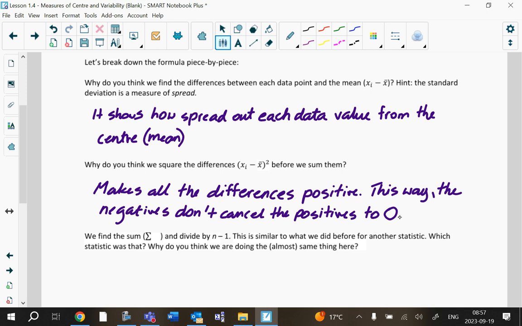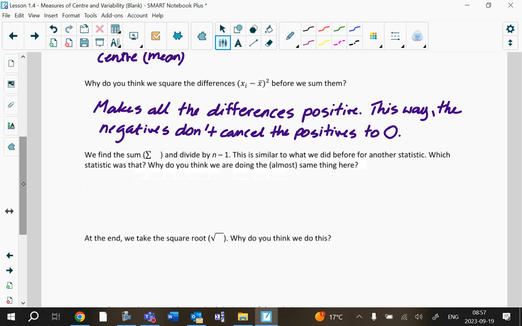And then why do I add all those values up and divide it by n minus 1? Because I'm finding the typical distance, which really means the same as average. And remember, we're doing almost the same thing here. With average, we divide by how many numbers there are. With standard deviation, we divide by how many numbers there are minus 1. The only reason we do minus 1 is it's been shown that it gives us a more accurate measure of the standard deviation. That's all you really need to know.